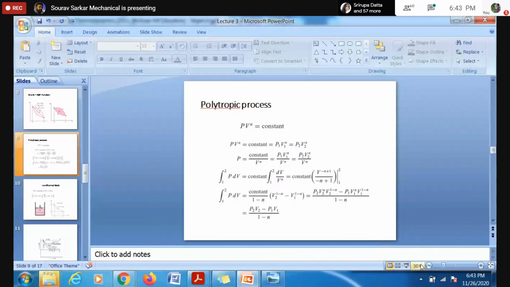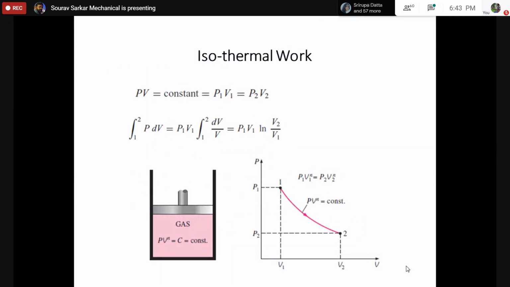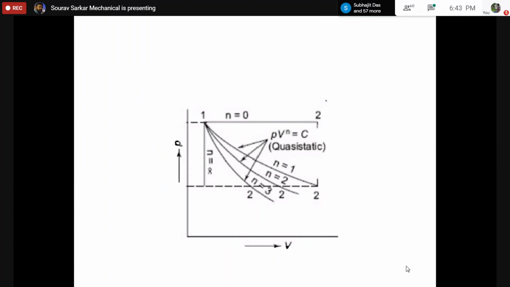If we see this diagram, this is the general expression of polytropic process. If your n becomes 1, it will become an isothermal process. If your n becomes 2, it will become a PV square process. Your n can become 3. If your n becomes 0, it will become an isobaric process.